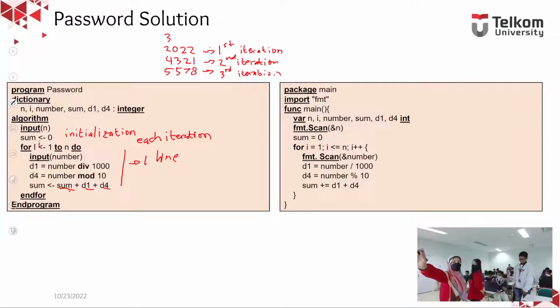The variable denoting the number of iterations is n. How many inputs, how many lines should be processed, that is the iteration. So if the input consists of 3 lines, you have to understand the value of each variable here on each iteration. Understood?